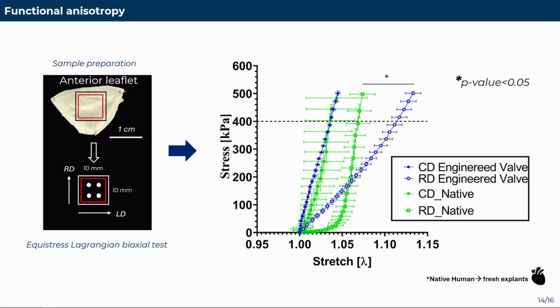this matching in shape is particularly complex to reach, because the behavior of the native curve, this J shape, is mainly correlated to the uncrimping of the collagen, and it's because of the hierarchical structure of the collagen, and we don't have any hierarchical structure in our fibers.